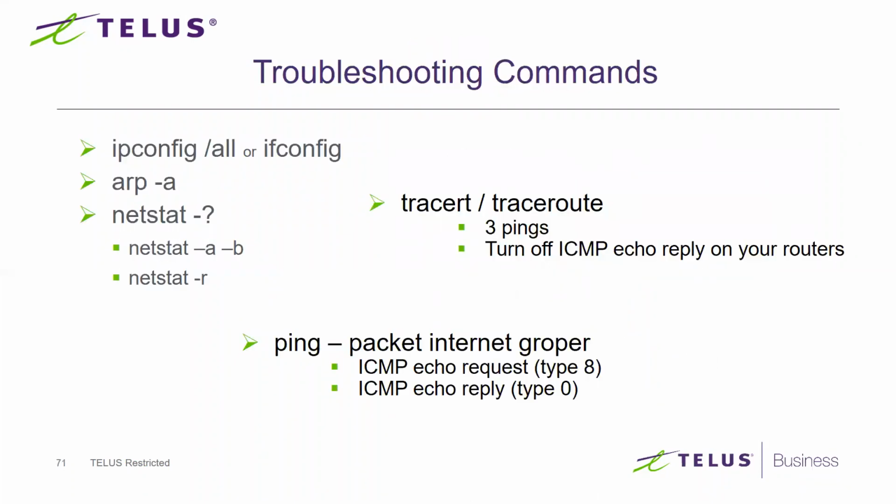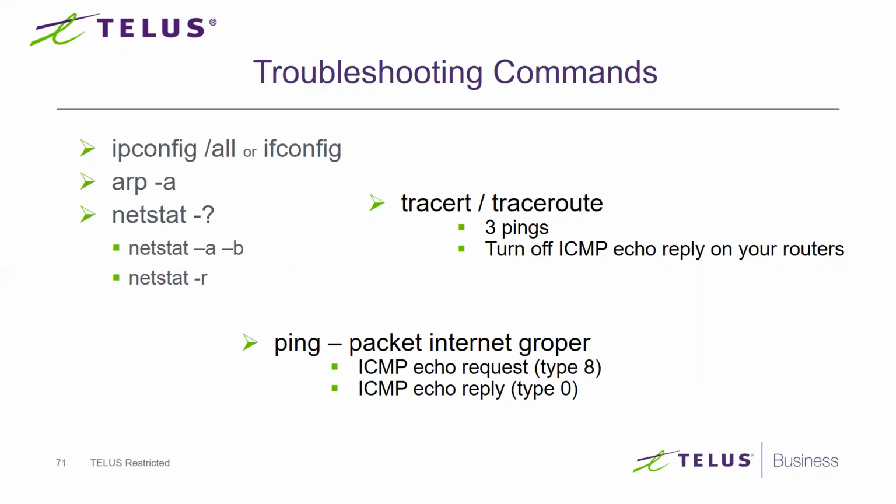The first thing I like to do is run an IP config to make sure that the device that I'm calling from, I know the IP address of it, and you've got the ARP -A to look at your ARP table to see, okay, what devices am I connected to, and which ones do I know that I have a route to, because I know the MAC address of that device.